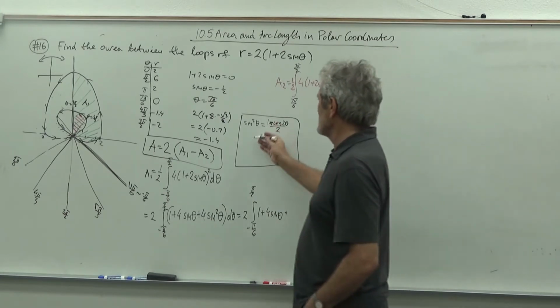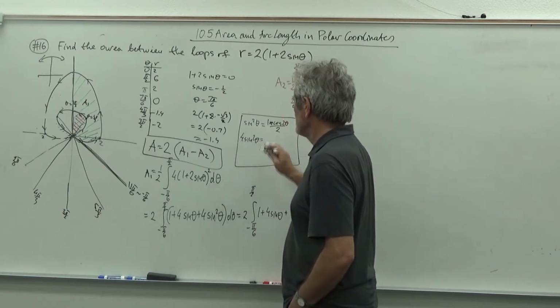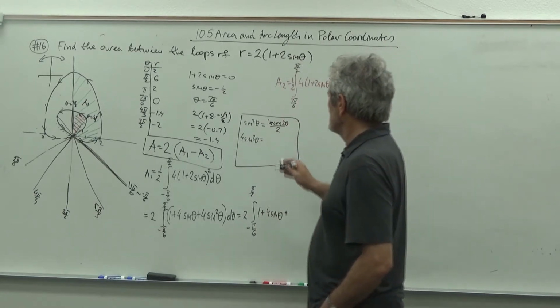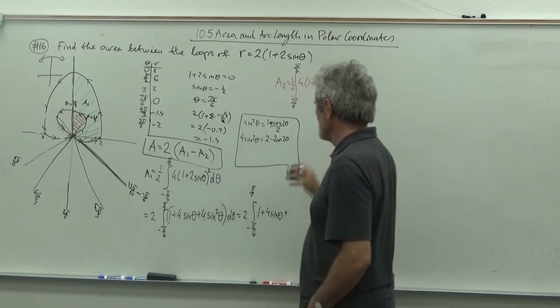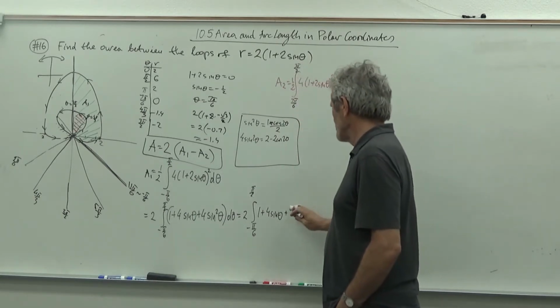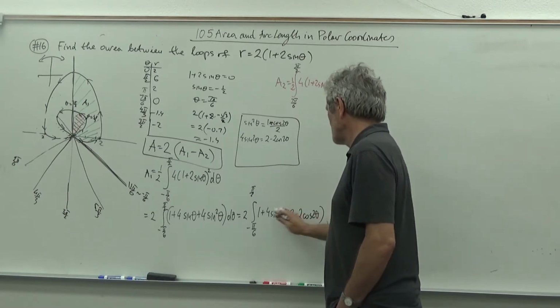So when I multiply by 4 sine squared theta, I get 2 minus 2 cosine 2 theta. And that's what I'm going to put here: 2 minus 2 cosine 2 theta.